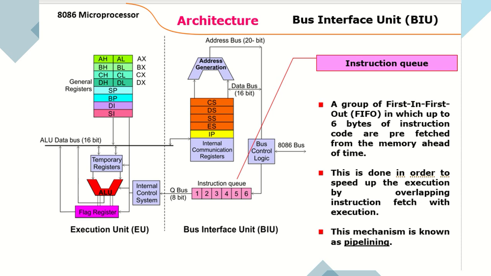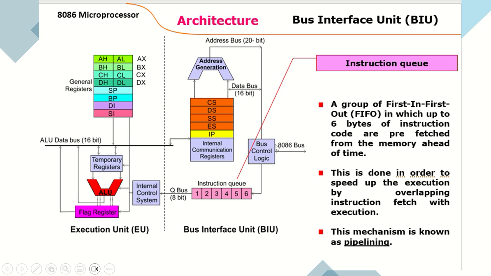Let us try to understand how this x86 is made compatible to the latest generation CPUs. To begin with, what is x86? x86 has major changes: a separate execution unit and bus interface unit, having a set of registers. In the bus interface unit, as you can see, it has segment registers, instruction pointer, instruction queue.